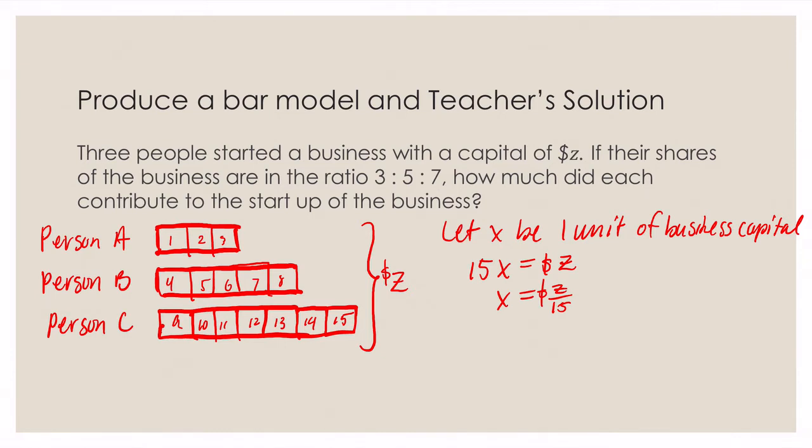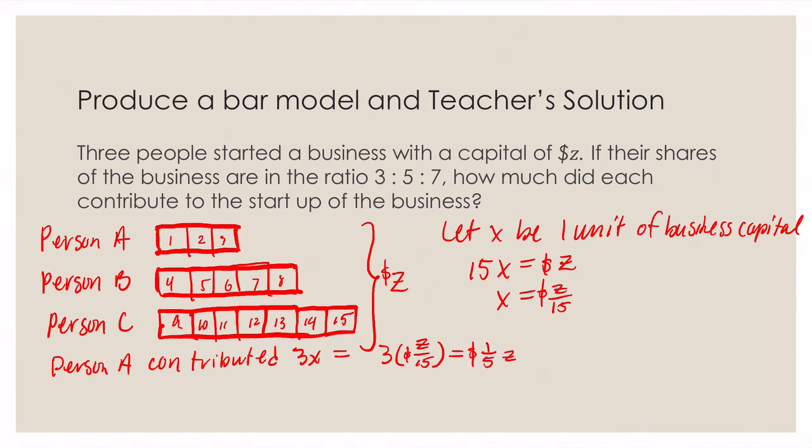Now, once we know that the unit is Z over 15, we're going to say, in the end, our sentences. Person A contributed 3 X's, or 3 units, which is equal to 3 times the quantity Z over 15, which is equal to, so the 3 and the 15 can simplify to 1/5 $Z.